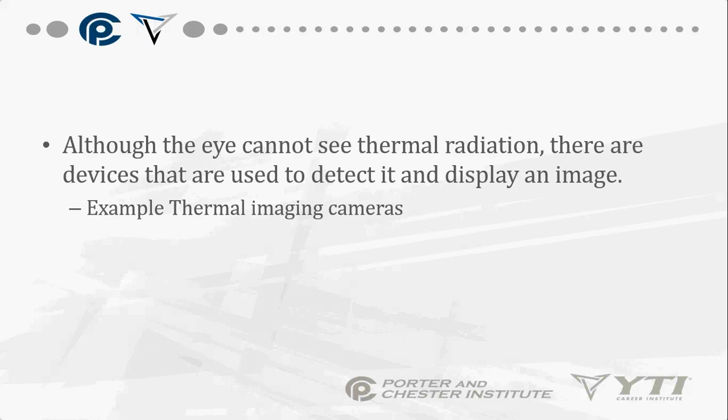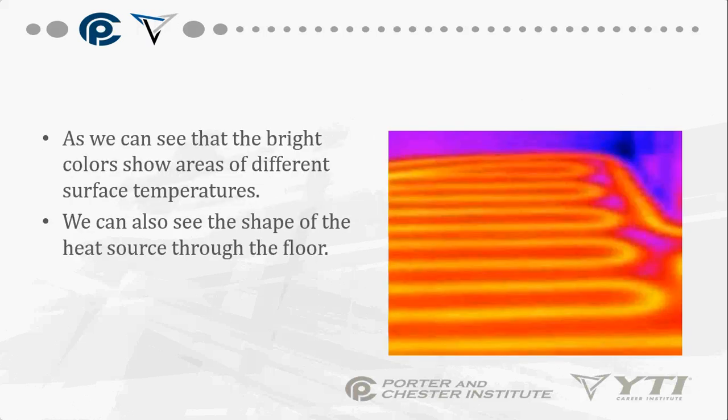Okay, although the eye cannot see thermal radiation, there are devices that are used to detect and display images, and obviously thermal imaging cameras are fantastic for those types of things. Here you can actually see radiant heat in a floor. It's another tool that at some point in your career you might want to invest in.